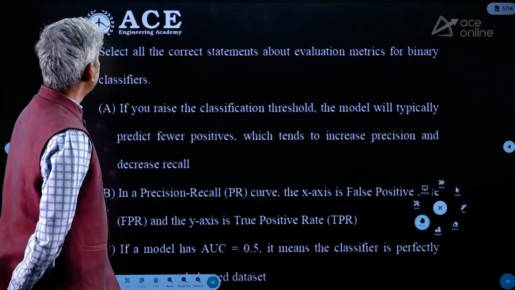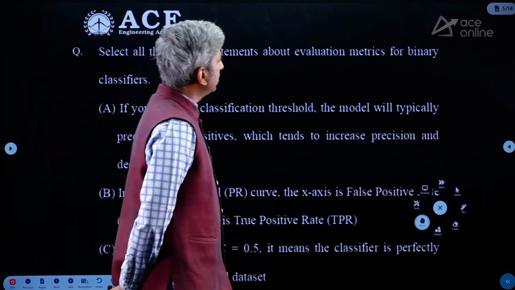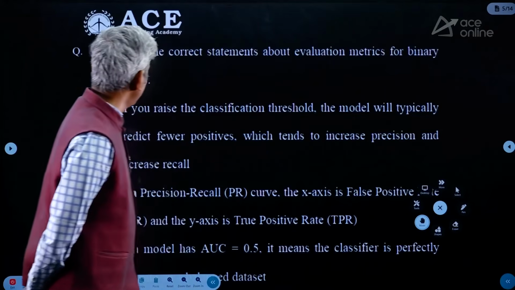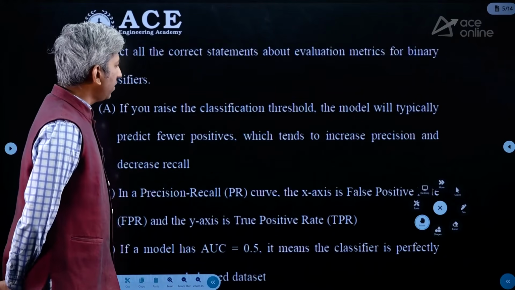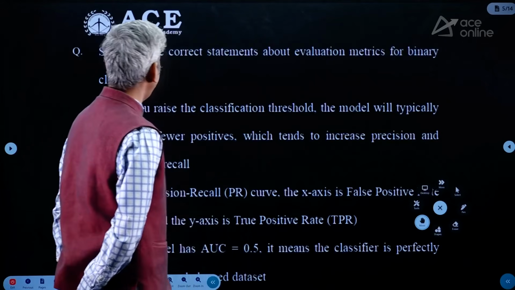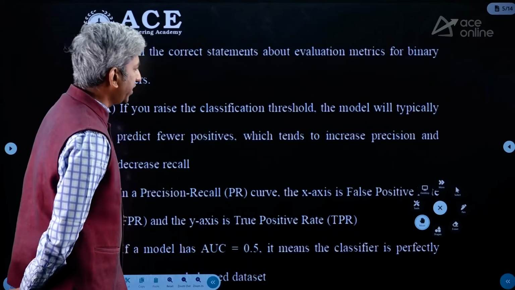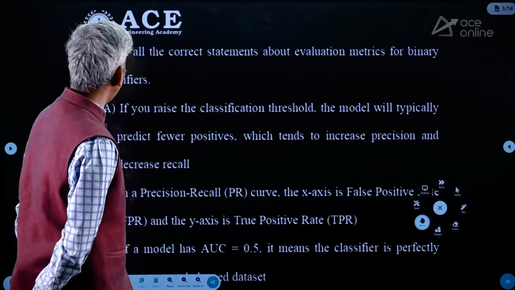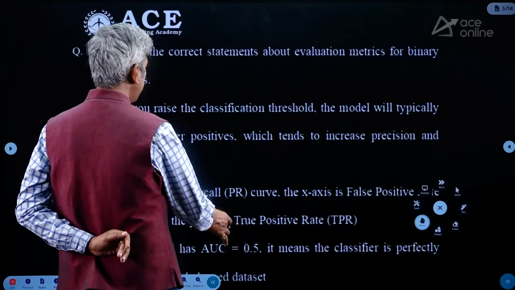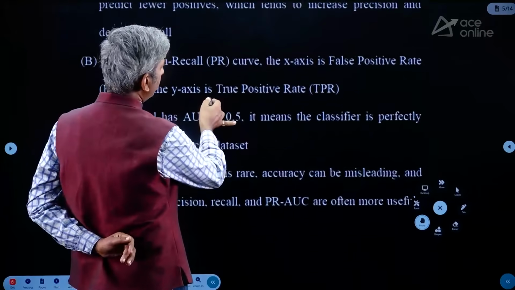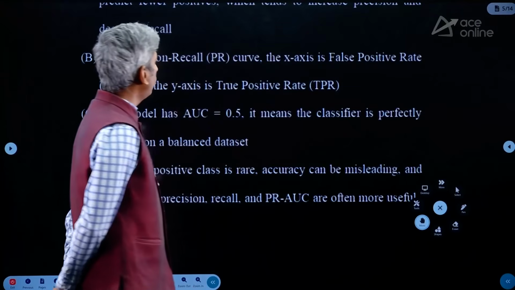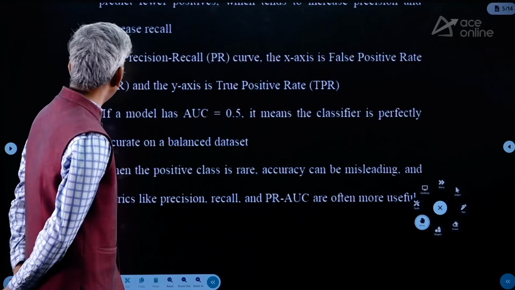Next question. Select all the correct statements about evaluation metrics for binary classifiers. Option A. If you raise the classification threshold, the model will typically predict fewer positives, which tends to increase precision and decrease recall. Option B. In the precision recall curve, the x-axis is false positive rate and the y-axis is true positive rate.